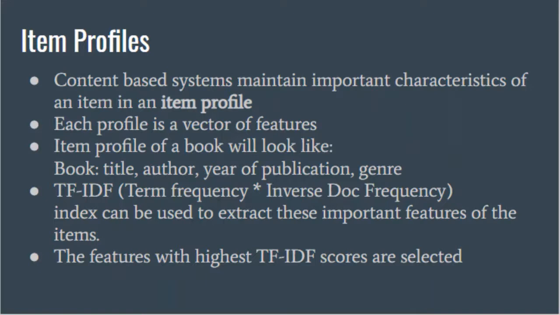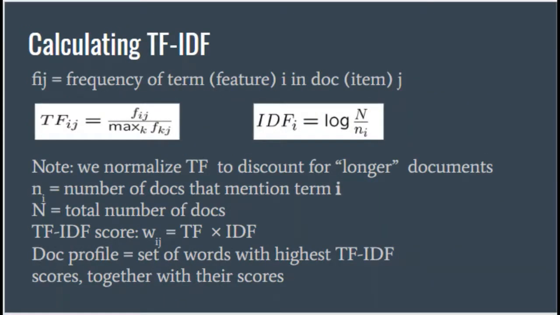So the user can be recommended a book based on the author of that book or the genre of similar books. The item profiles are discovered by using the TF-IDF scores, and TF-IDF is term frequency and inverse document frequency.